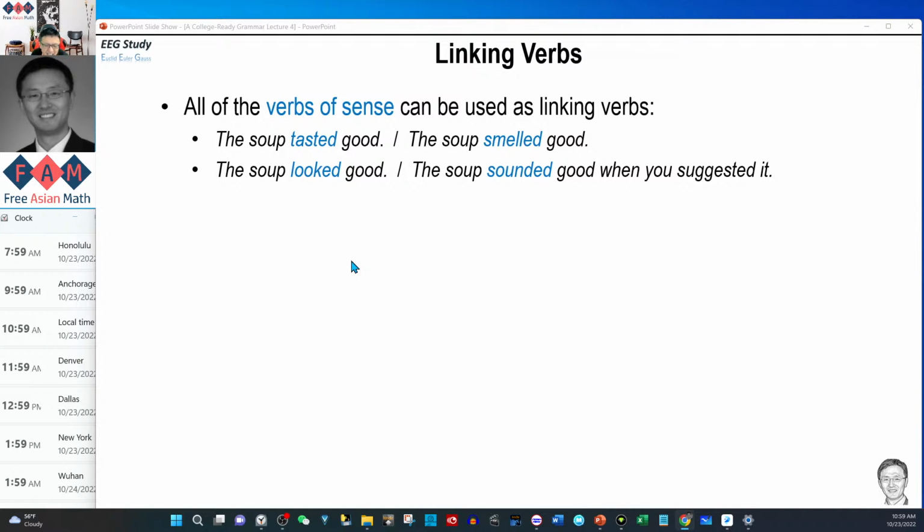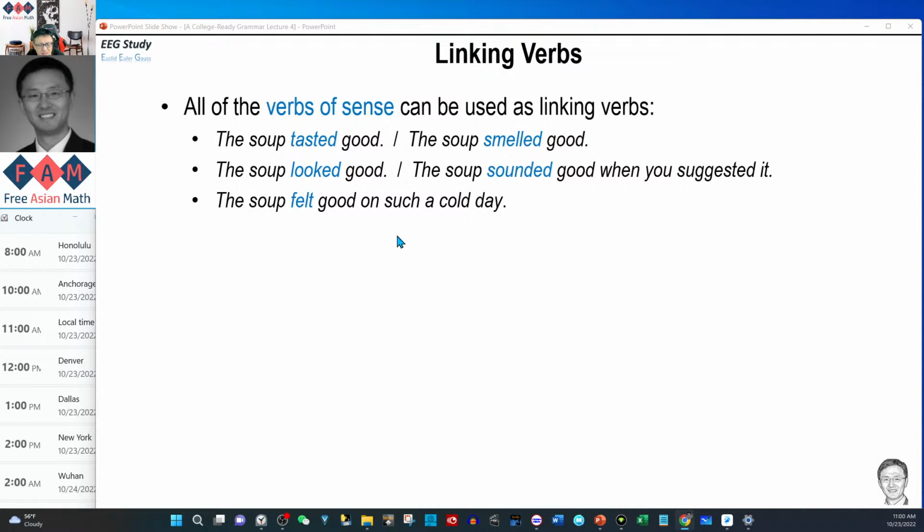Because in all those cases, the actual good is characterizing the soup. Okay? So the verb in between is not an action verb. We certainly don't know what is taste. Well, taste could be an action verb, but that has a completely different meaning. So in all those cases, and the soup felt good on such a cold day.